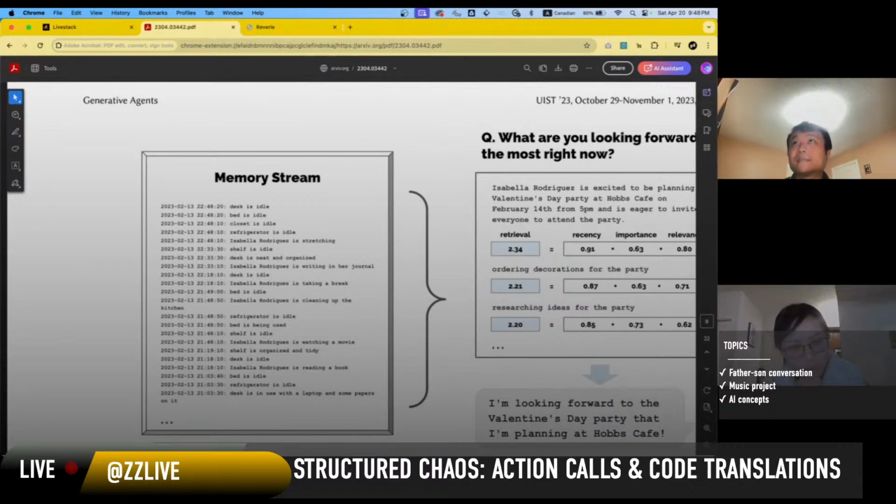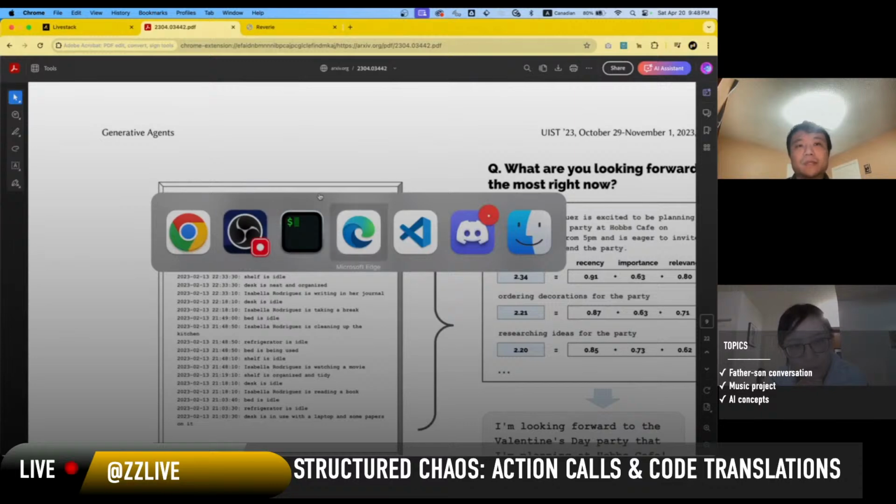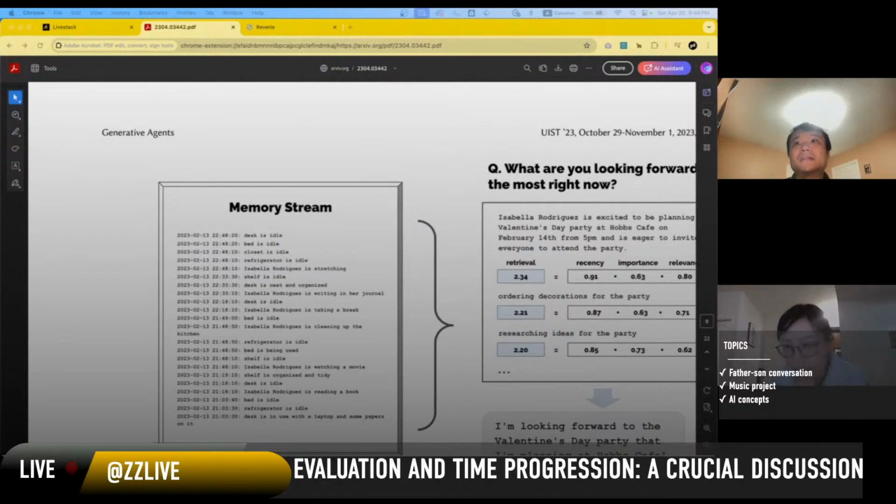Not really. I guess we just have to introduce some sort of more granular time progression. What does that mean? So essentially, we should probably be keeping track of objects' memory as well.